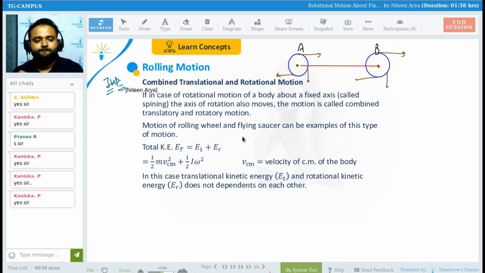Clear, everyone? The combined translational plus rotational motion is known as rolling motion. A rolling motion is a special case in which an object is rotating around an axis as well as translating from one point to another. In rotational motion of a body about a fixed axis, the axis is called the spinning axis.